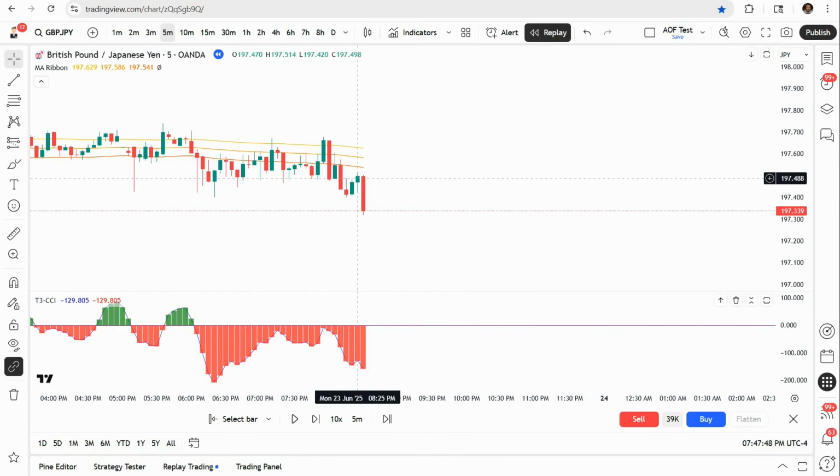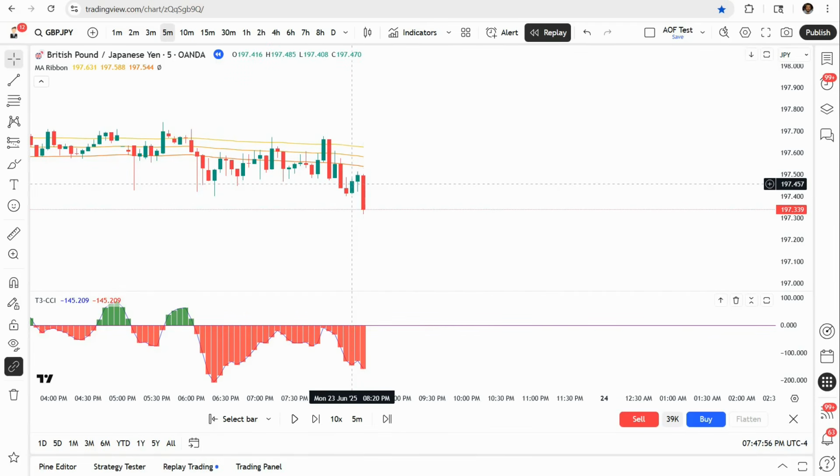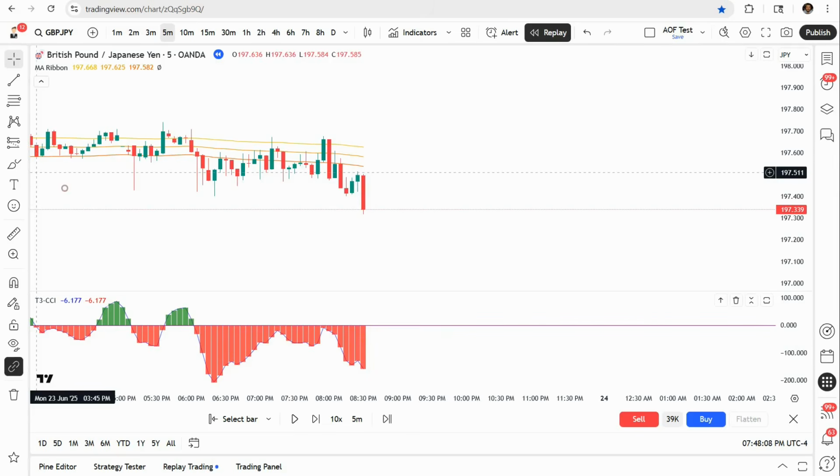And so in this particular case, I looked mostly for engulfing candles like this one here, but not quite as large in most cases. And so once we have a nice bearish candle, we're then going to look down to the CCI, and we want it to have a red histogram bar or red column bar like this here. And that'll be our signal to then enter into a short.